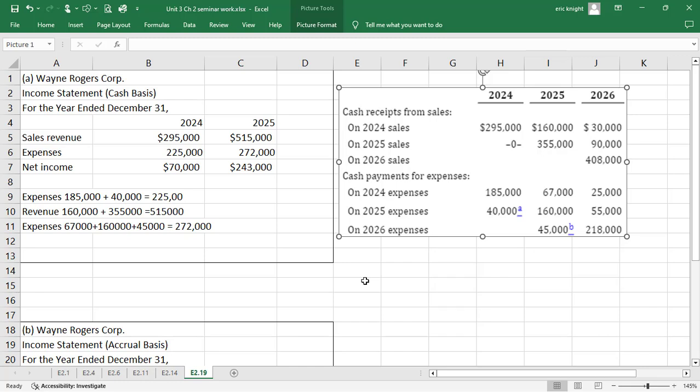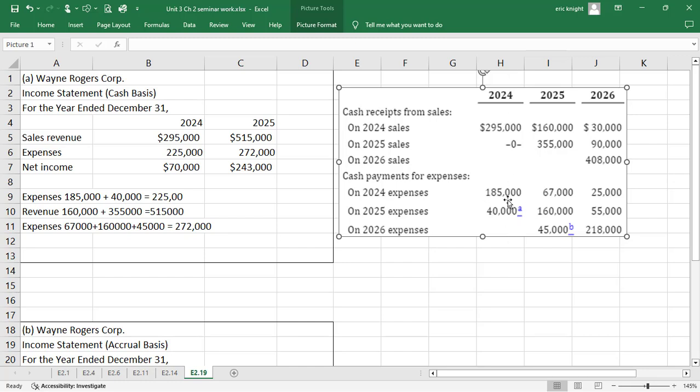So here's basically the way this works. To do this problem for the cash basis for 2024 and 2025, go vertically. So for 2024, take all the revenue by going up and down, so that's $295,000. Take all your expenses going vertically.